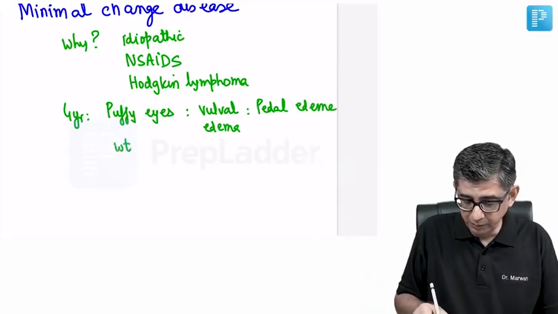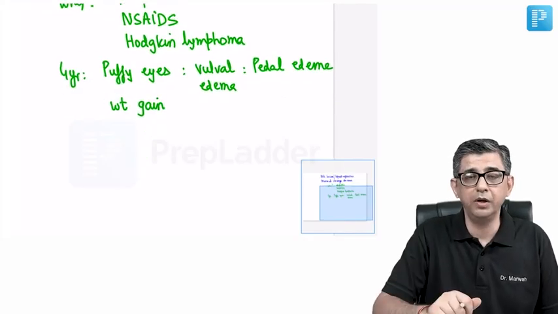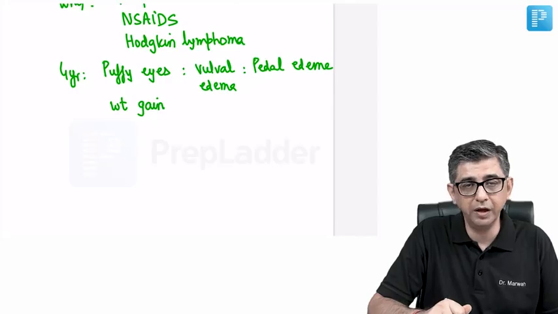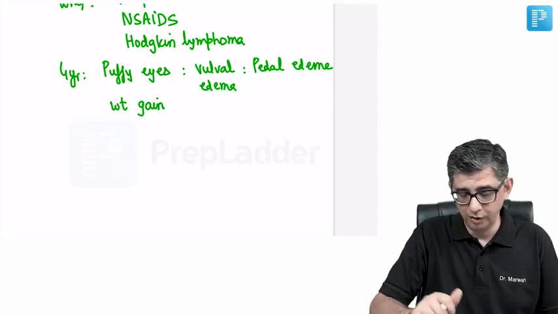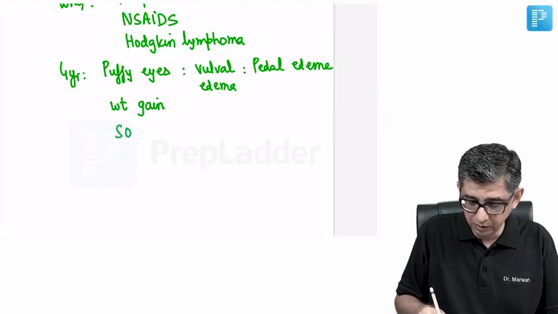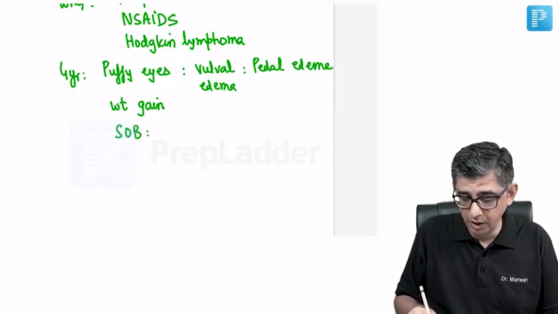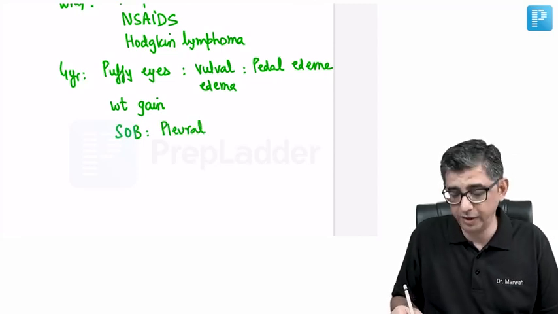Some mothers might report that my child has suddenly become very heavy, because in nephrotic syndrome there is a reduction of oncotic pressure and swelling in the body, so that's why the weight gain can be explained. The child might also have breathlessness. The reason for this shortness of breath in some children is pleural effusion, and this pleural effusion will be of the transudative variety.